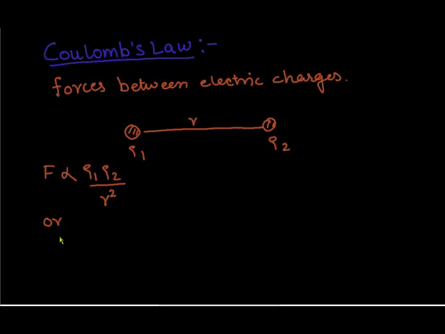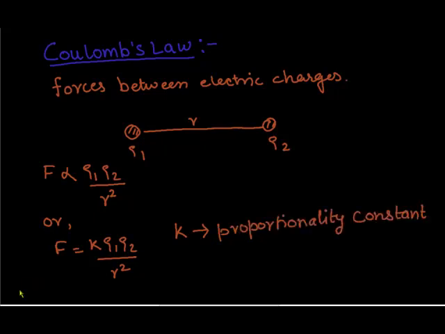Or, F is equal to K Q1 Q2 upon r square, where K is the proportionality constant. Here this force F is the magnitude of force acting on the two stationary charges Q1 and Q2, and K is a proportionality constant whose numerical value is 9 into 10 to the power 9.